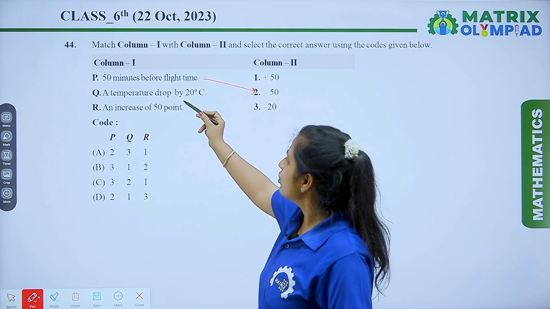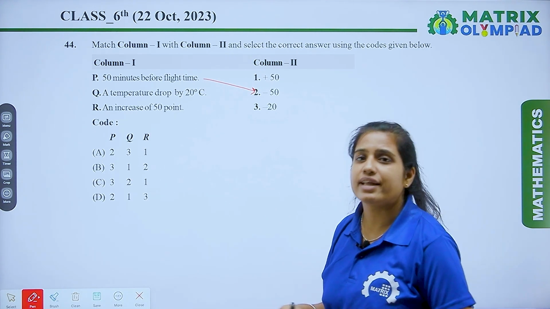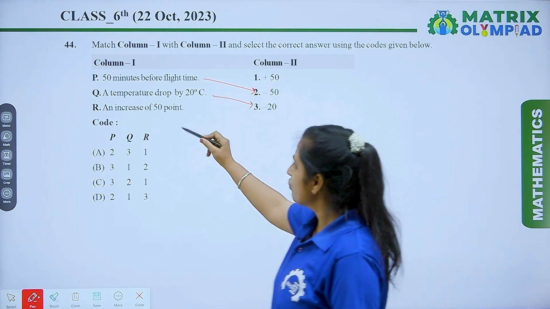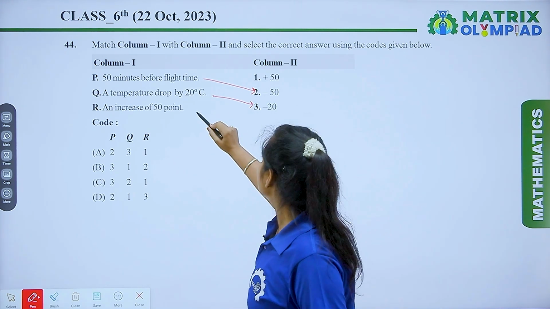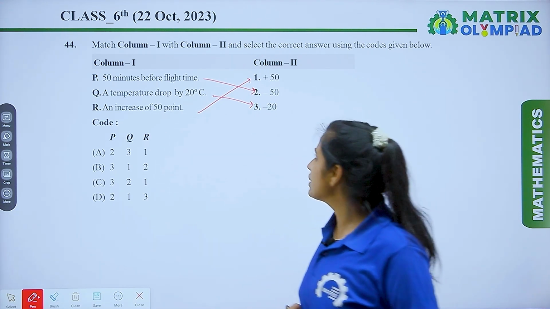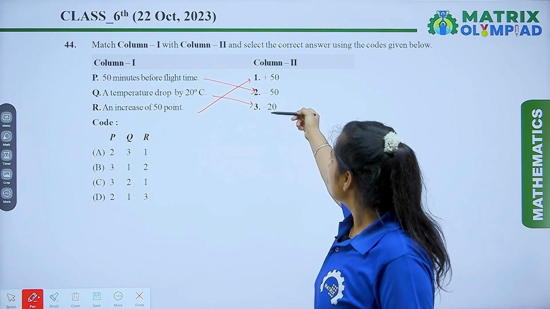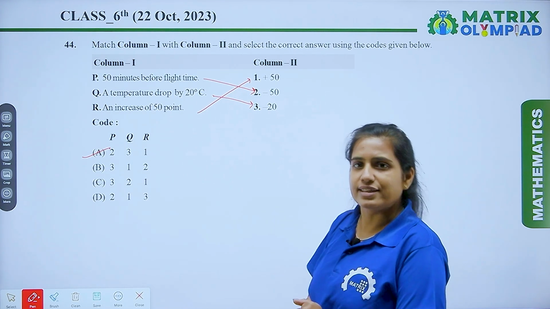Now a temperature drop by 20 degrees Celsius. Drop means negative, so negative 20. An increase of 50 points. Increase means positive sign. So here increase of 50 points is represented by plus 50. So sequence is 2, 3, 1. So here option A is the correct answer.